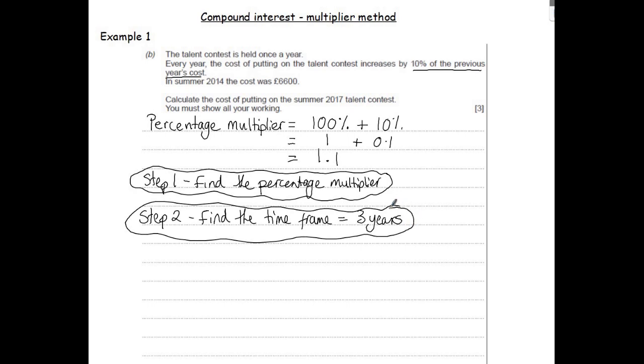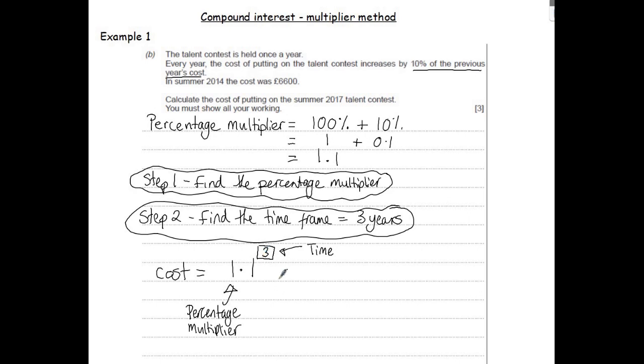And then you can go ahead and find the cost. The cost now is going to be the percentage multiplier, which is 1.1. The power to this multiplier is going to be the time. So this is 3 years, so your power is going to be 3.